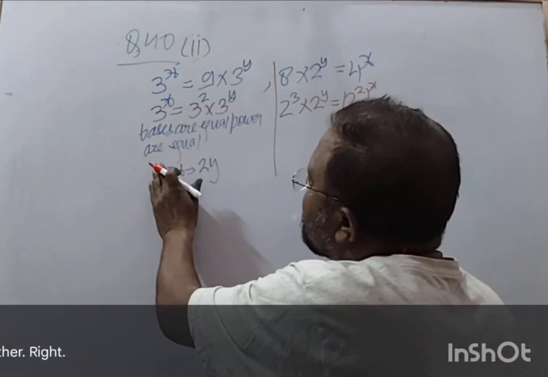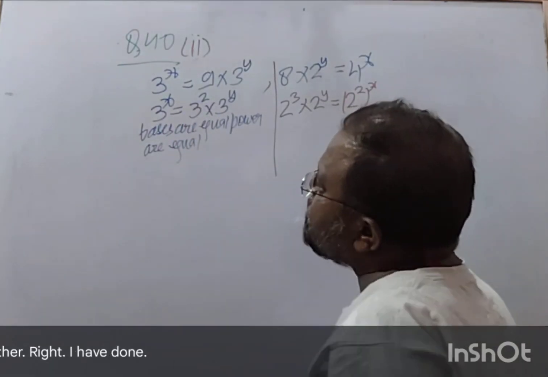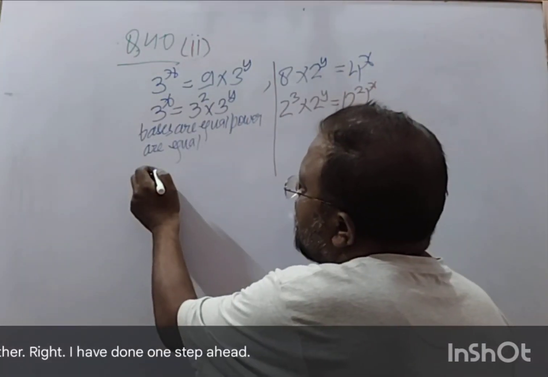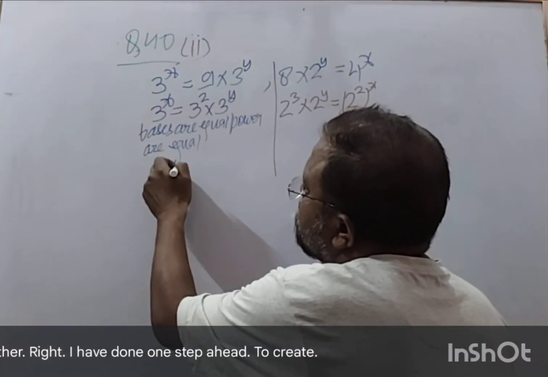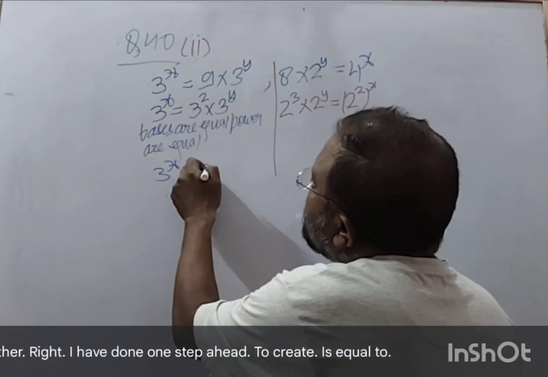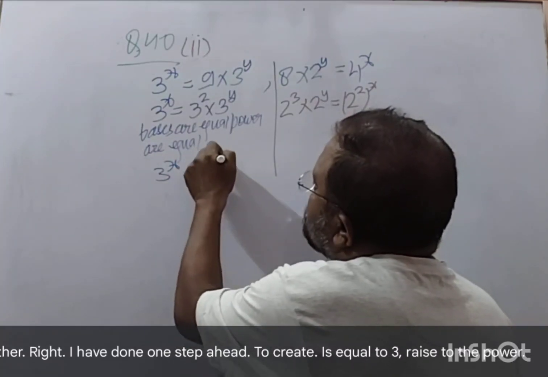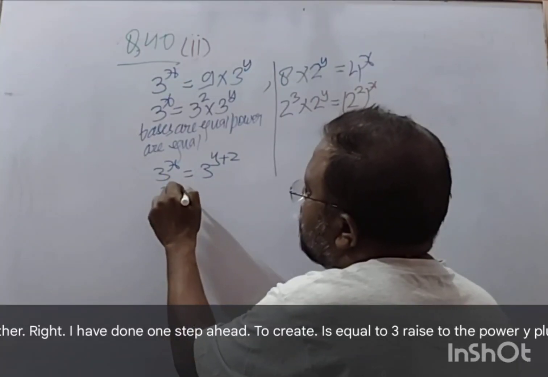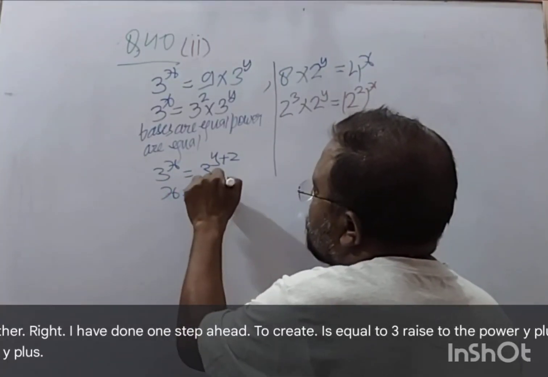I have done one step ahead. So 3x is equal to 3 raised to the power y plus 2. So we can write x is equal to y plus 2.